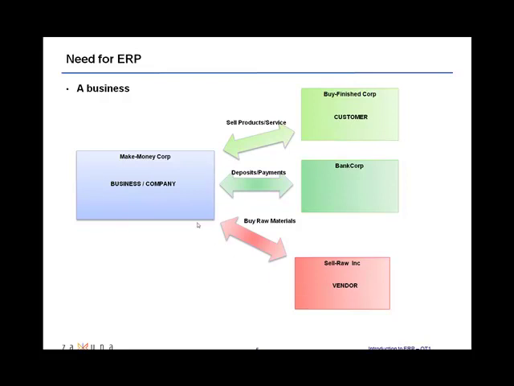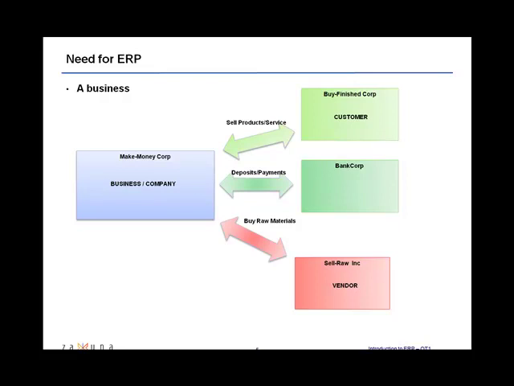In order to keep track of these different entities, an organization would need to have a system in place, or a few systems in place, to take care of each of those individual tasks.